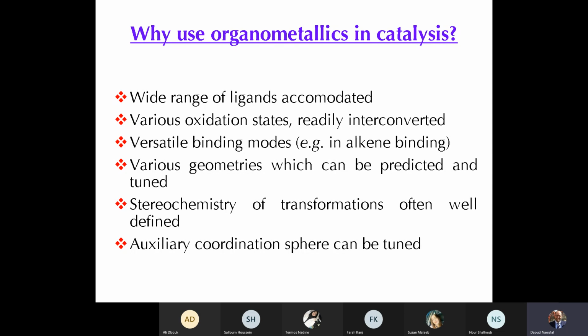So we can obtain only one isomer, for example, trans and not cis. So this is an important characteristic of the organometallic complexes.